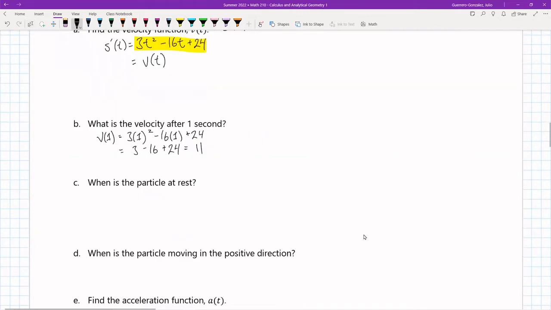So what we just found here, right, is at t is equal to 1 second, the particle is moving at 11 feet per second. So if you remember from the description of the problem, right, s of t is described in feet and t is described in seconds. So that means our velocity is in feet per second.